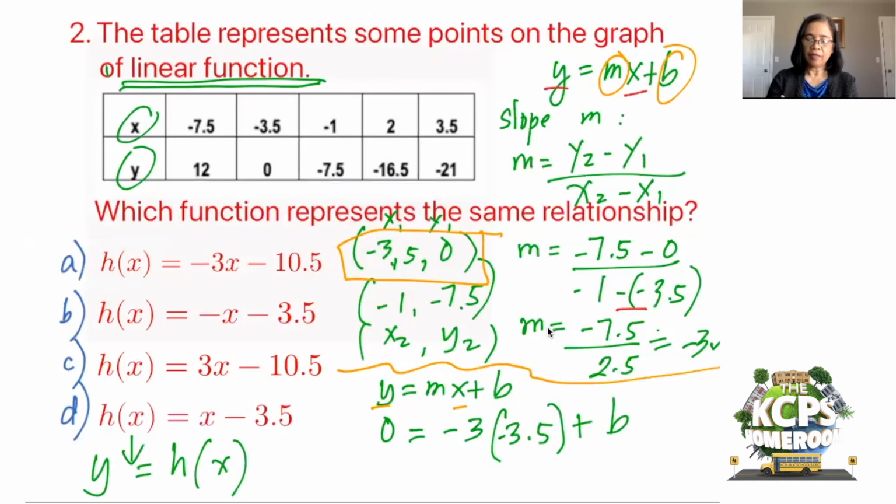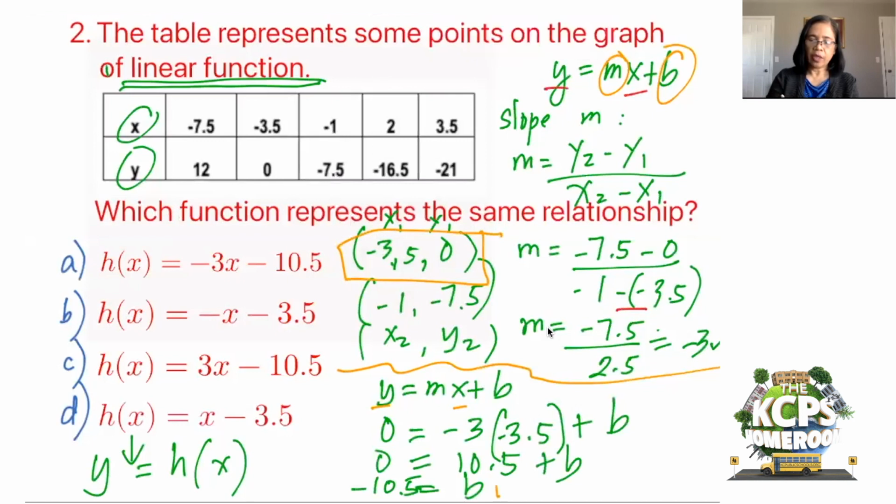Simplifying, negative times negative here will be positive, so this will be positive 10.5 plus b equals 0. Then solving for b, subtract 10.5 from both sides, so our b is negative 10.5.